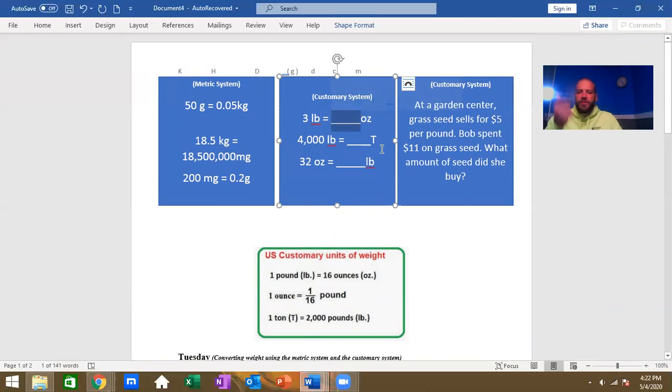Okay, so we have pounds, ounces, and tons. We use the unit of a ton when we measure very heavy things like cars and trucks. We use pounds when we measure things in the middle, like human beings, right? Some types of food that you get, you work with pounds. Now, if it's a food that doesn't weigh a lot, then you're not going to waste your time with pounds.